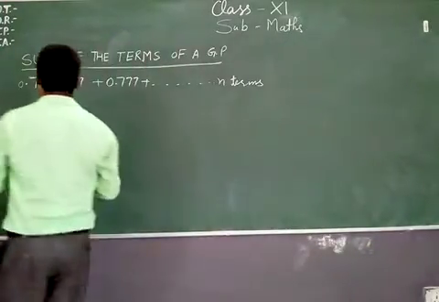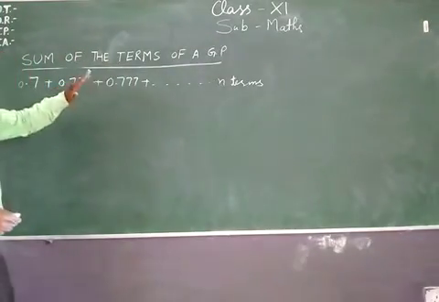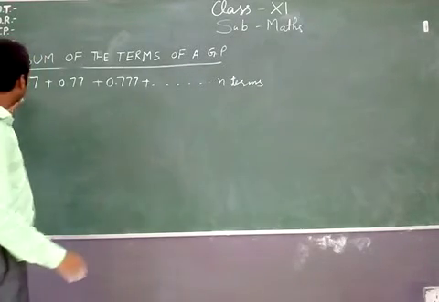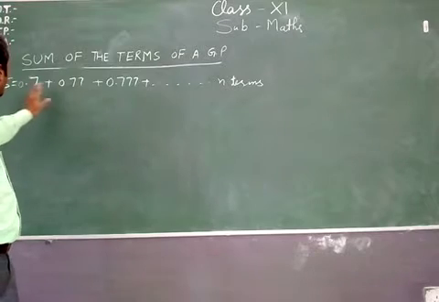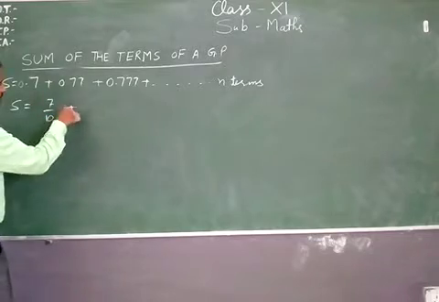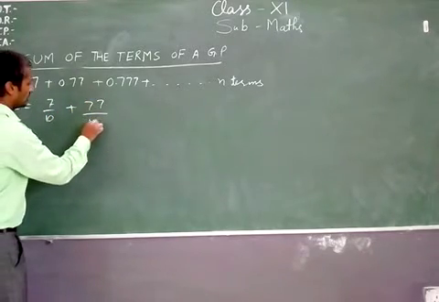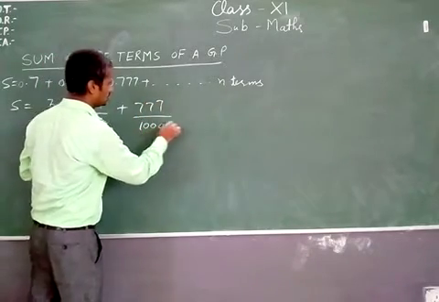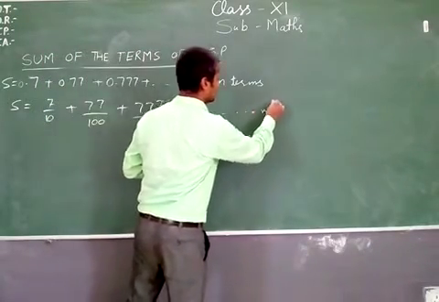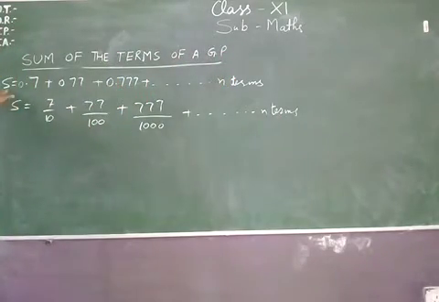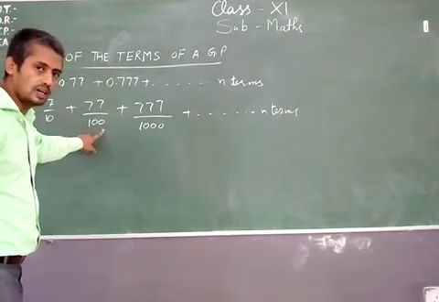We can write the sum of the given GP as S. So S equals 0.7 plus 0.77 plus 0.777, which is 7 by 10 plus 77 upon 100 plus 777 upon 1000 up to n terms.